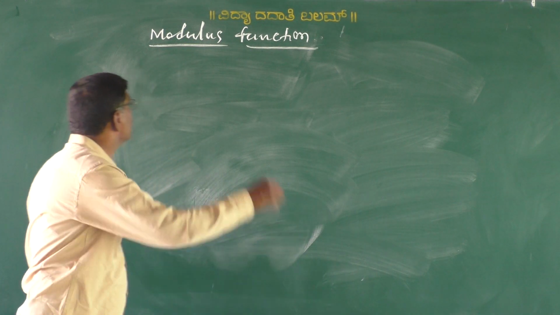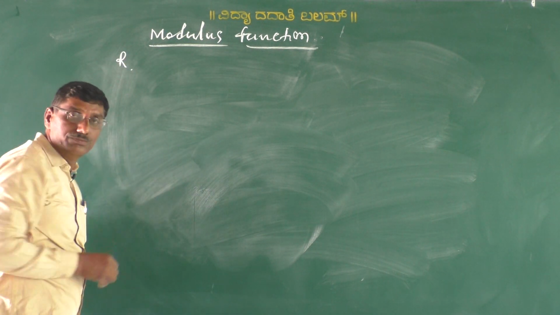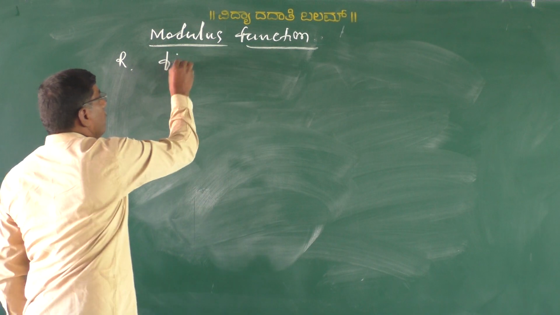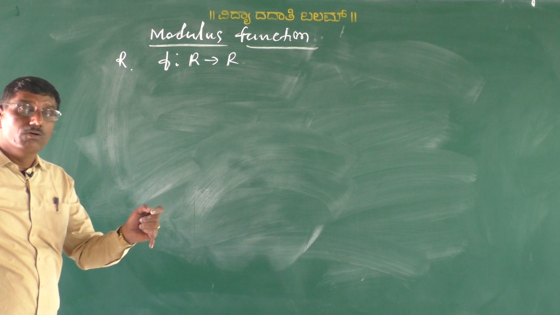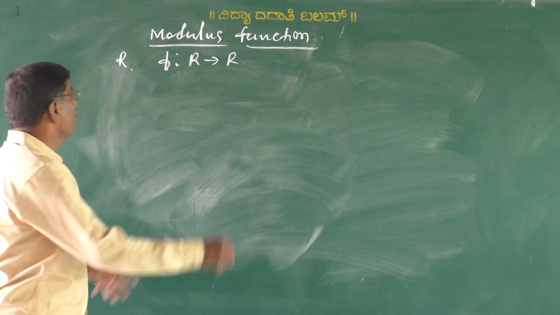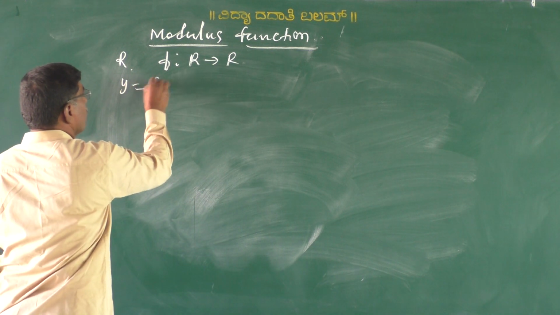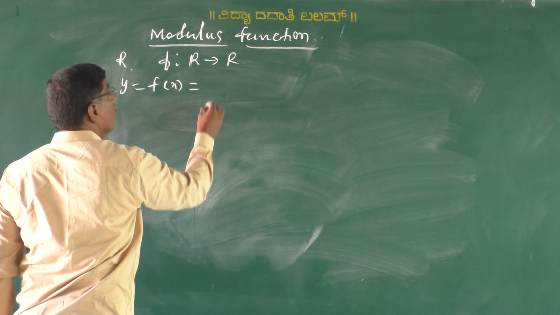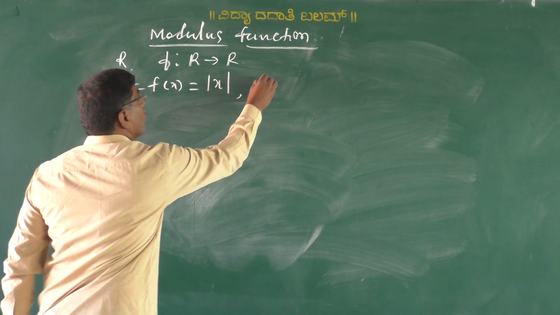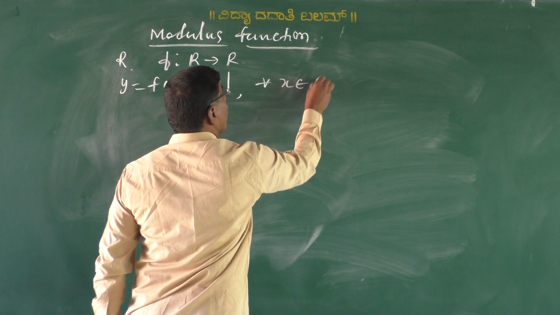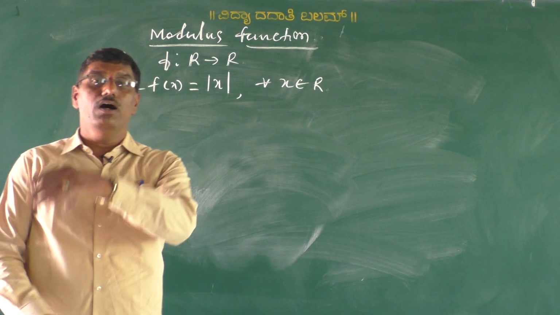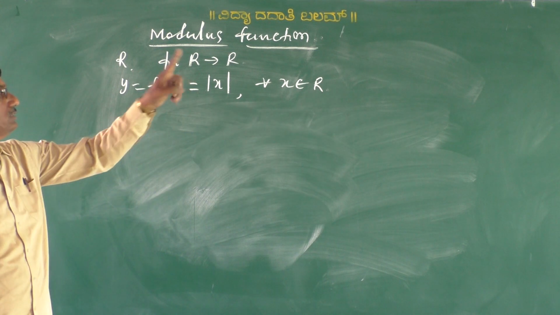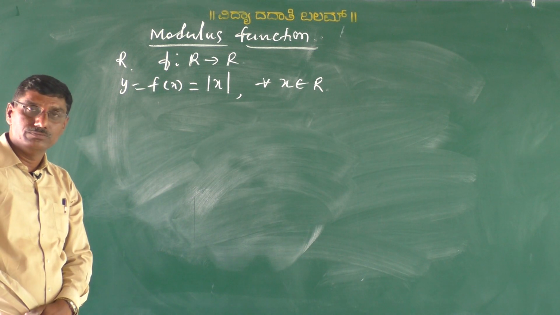See here, R is the set of reals, f from R to R be a real function. Then we define the modulus function y is equal to f of x is equal to mod x for all x belongs to R. For all x belongs to what? R. What we call this is modulus function.